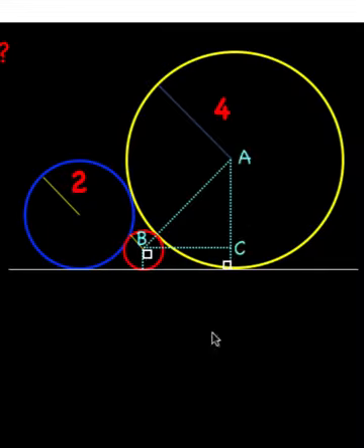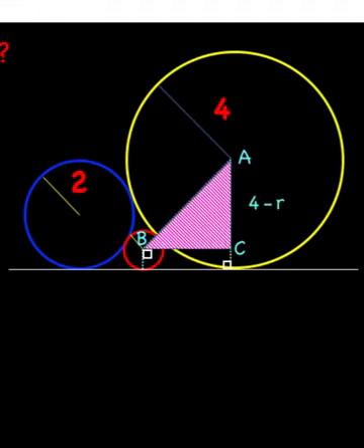Now let's focus on this right triangle ABC. The length of leg AC is the radius of the yellow circle minus the radius of the red circle. And so we have the expression 4 minus r.